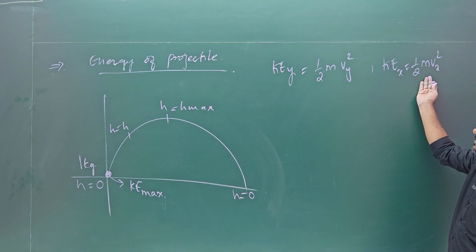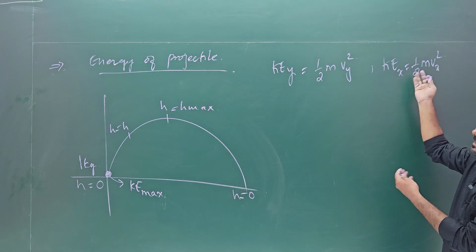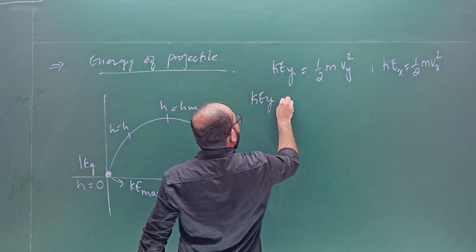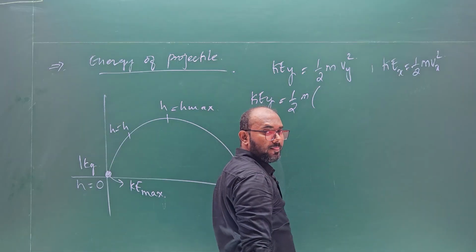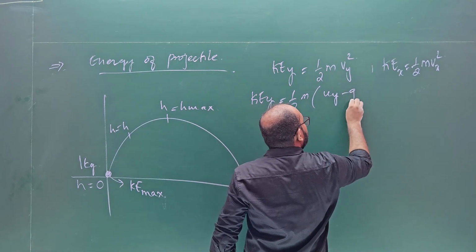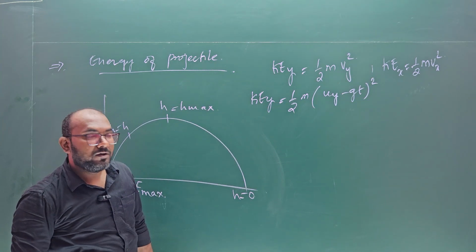So no need to do anything with this. Always substitute the velocity along the x-axis, get the answer. But along the y-axis it is always changing. So kinetic energy along the y-axis is half of m times vy squared. Vy squared can be written as (uy minus gt) square. I got my point.